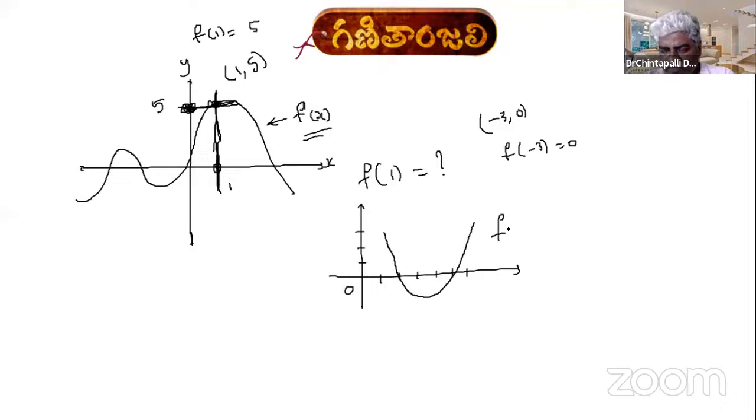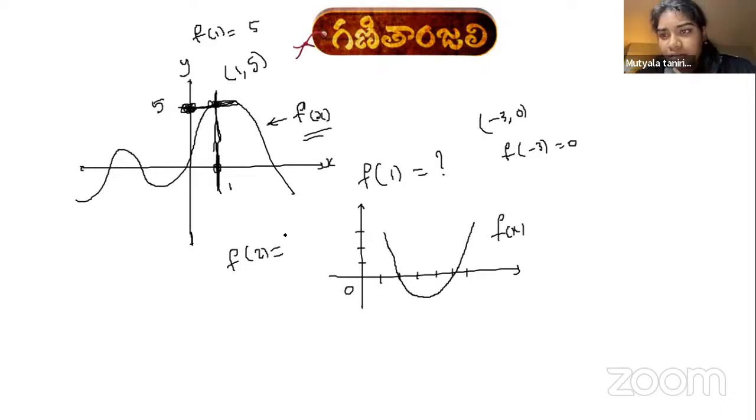It is f of x. Now tell me, what is f of 2? 0, sir. Very good. f of 5? 0, sir. Very good.